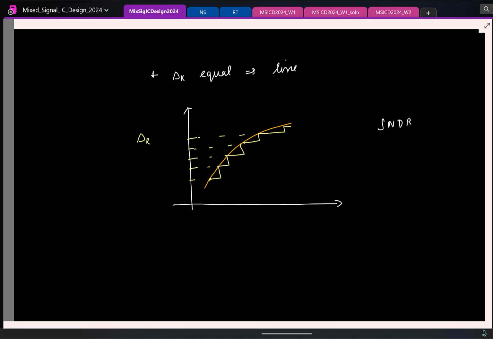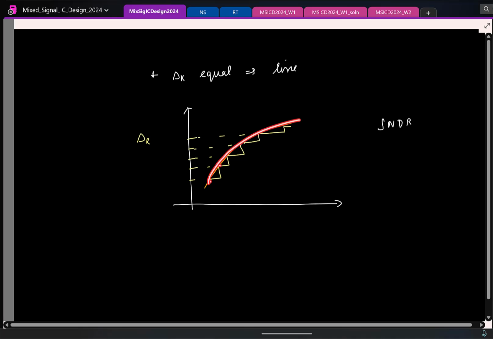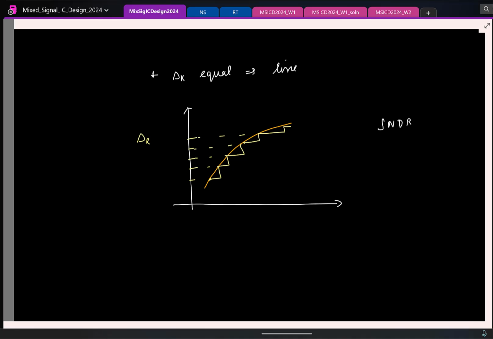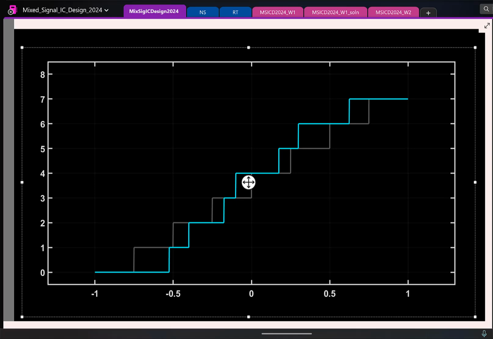It is nonlinear because as you see, I apply different inputs and you get a nonlinear characteristic like this. Just that for DC we can't rely on this frequency spectrum. For this kind of static nonlinear characterization, we have to actually explain how the quantizer characteristic is deviating from my ideal characteristic. That's the only way.